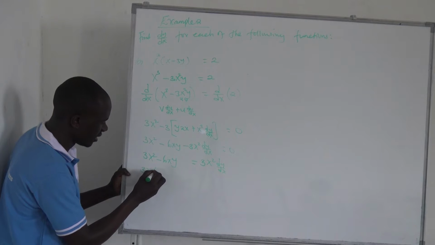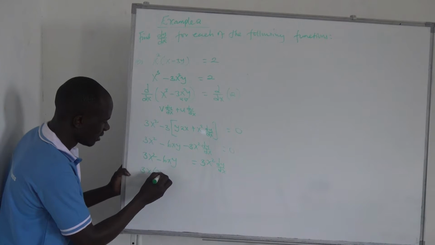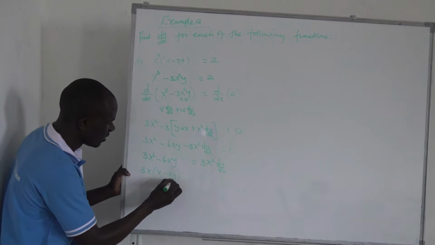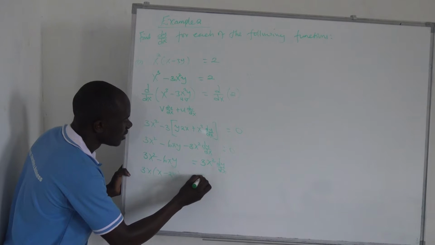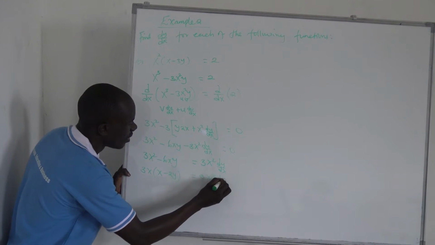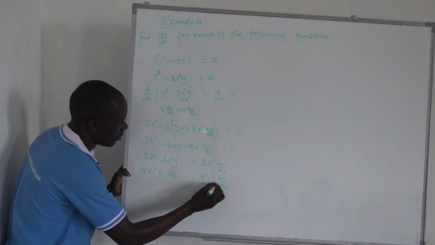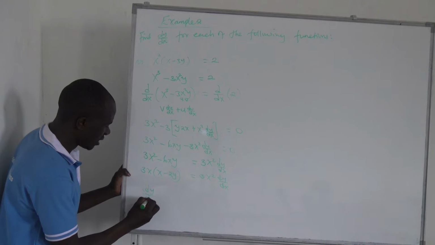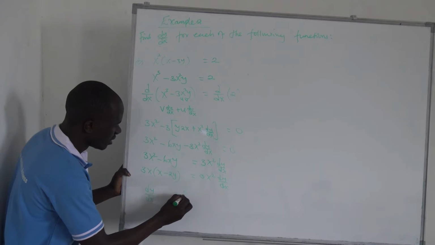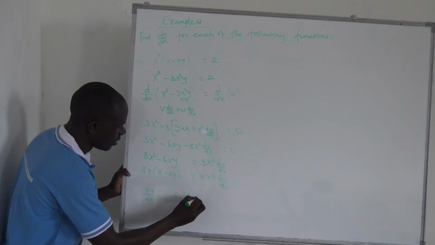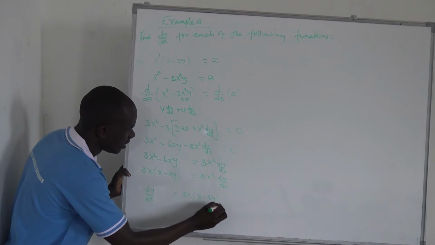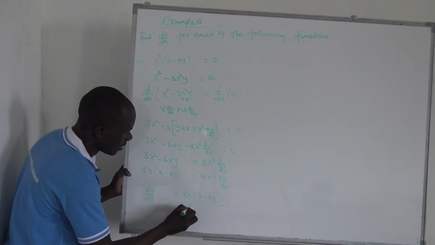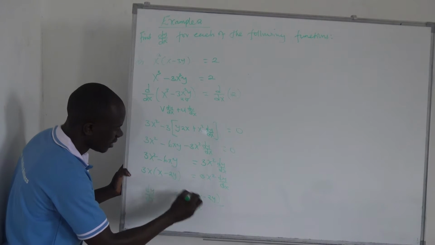I remain with x minus 2y equals 3x squared dy/dx. We divide this out by 3x squared. We remain with dy/dx equals 3x into (x minus 2y) all over 3x squared.